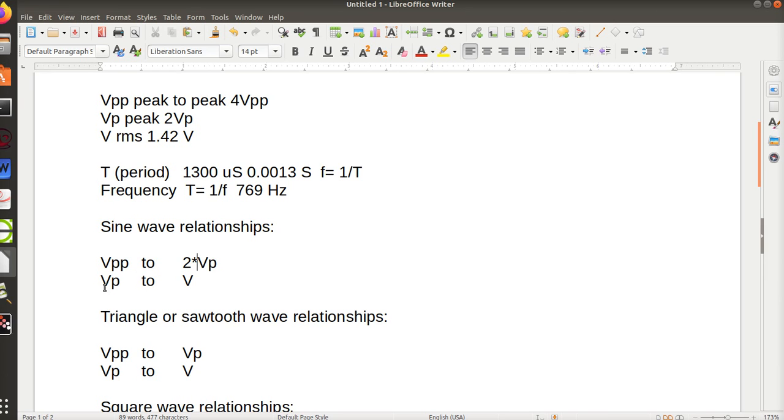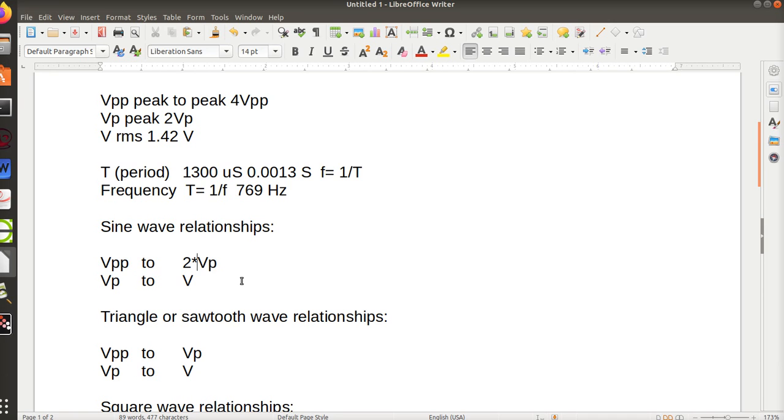Now what I told you earlier was volts peak to volts, which I went ahead and calculated. It's actually the square root of 2 over 2, or the square root of 2 times the V to get there.